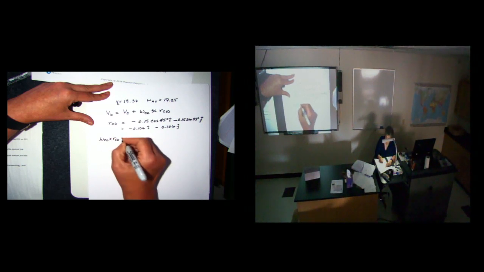And if we do this, the point that we want to look for is called the instantaneous center of zero velocity.